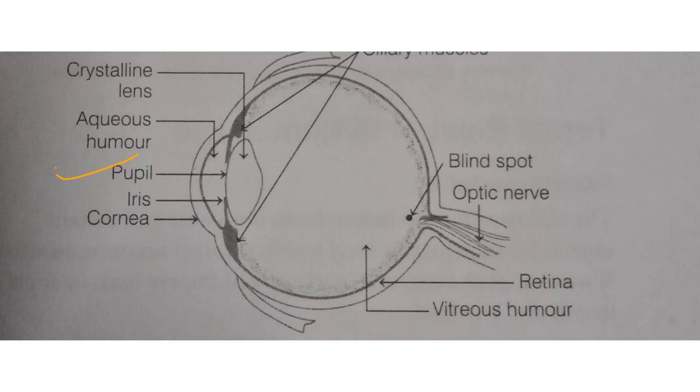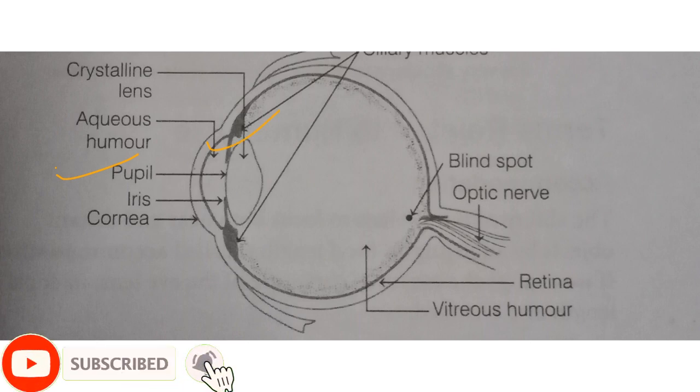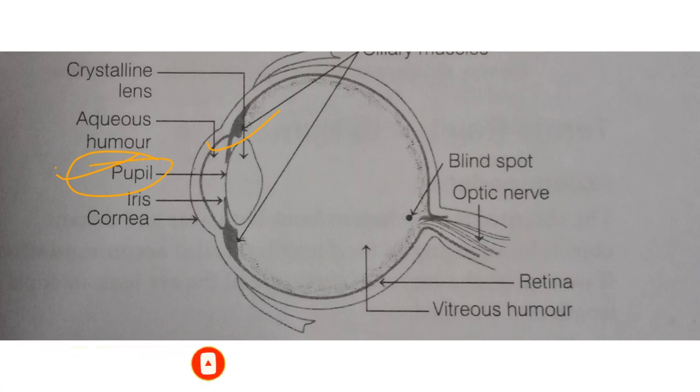Now who is responsible for expanding the pupil? Iris. One more function that you can write in the function of pupil is that it gets contracted in bright light and it gets dilated, means expanded, in dim light, right? You can write the function here also, and in case of iris, you can say that iris controls the size of pupil by contracting it in bright light and expanding it in dim light.